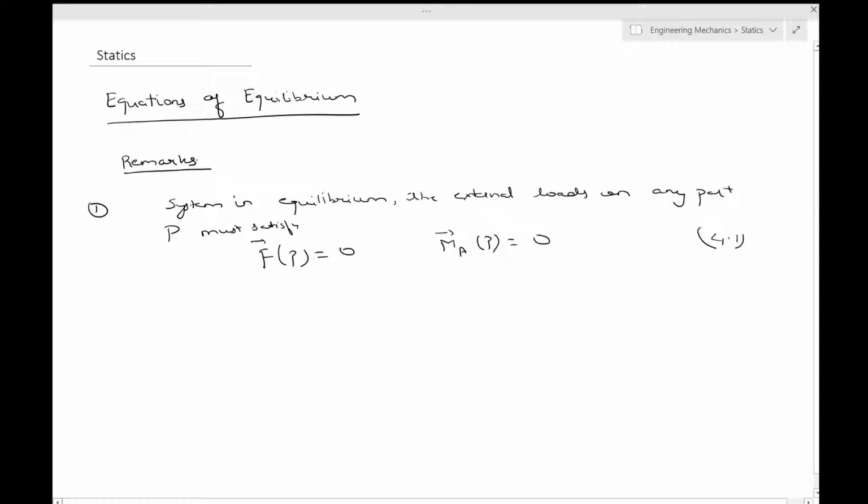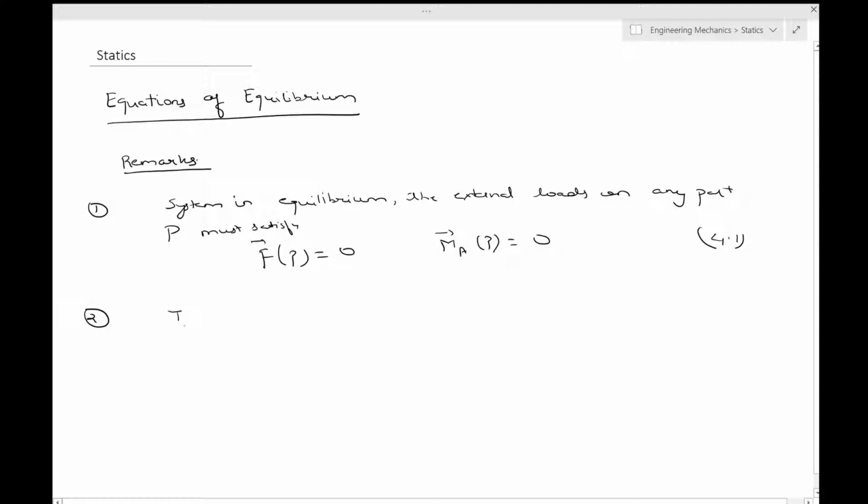Now the second one is that if these equations 4.1 are true for all the parts of the system, then they will also be true for the whole system.